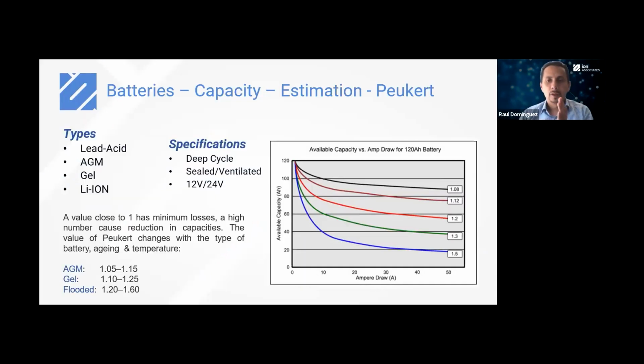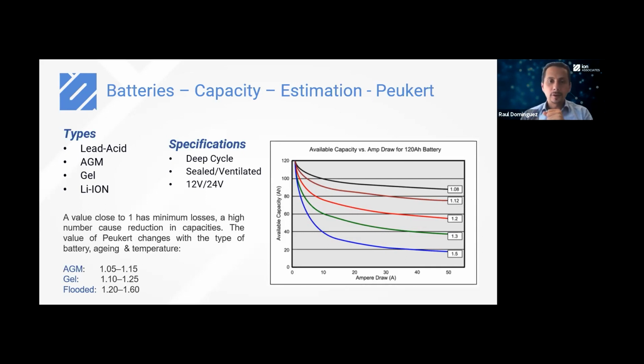Thank you. Now with this Industry 4.0 and the IoT, we are seeing that many devices are going off the grid, meaning they need batteries. For this, we need to consider several things. For example, here we are seeing a case of a 120 amp hour battery with a discharge rate of 15 amps.